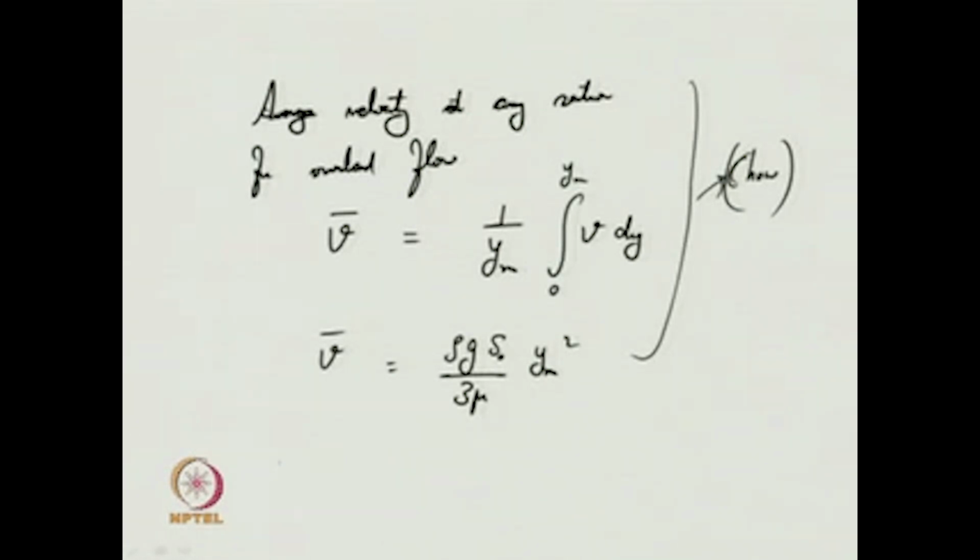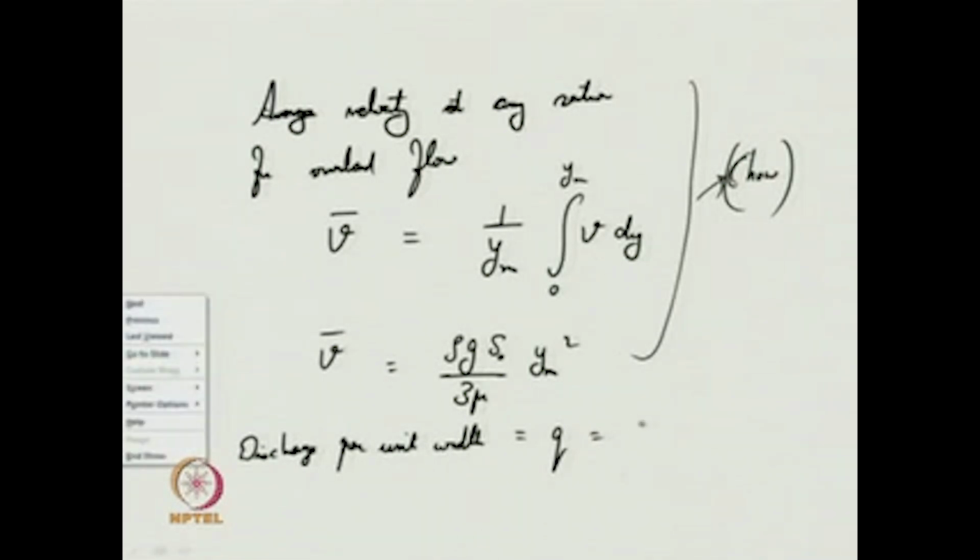You can also suggest that the discharge per unit width in the uniform flow for the overland flow, you can give this as equal to q, and this is given as some coefficient CL into ym cube, isn't it? What we have done? Here this is velocity, and velocity into the width gives discharge, you are talking about discharge per unit width.